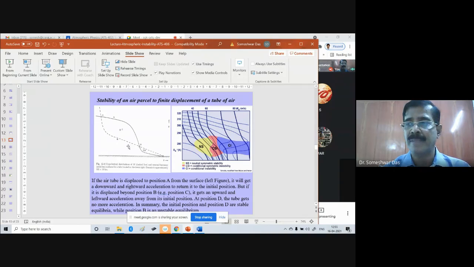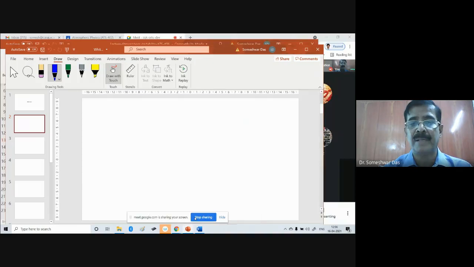The lapse rate of the environment, the dry adiabatic lapse rate and the moist adiabatic lapse rate. So depending upon the lapse rate of the environment with respect to the lapse rate of the dry adiabat and moist adiabat, we have the conditional instability in the atmosphere. You remember that, you have studied that in your last semester.